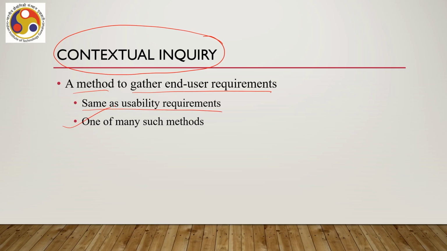So, do not assume that this is the only method possible, there are many such methods. However, we will be going through this method in a little detailed manner, so as to understand how the usability requirements are gathered and subsequently how those are analyzed and used.